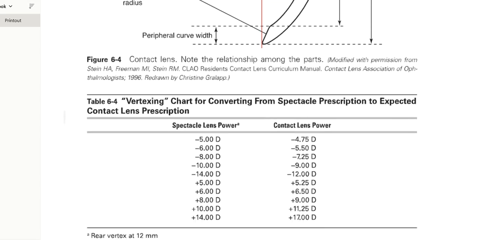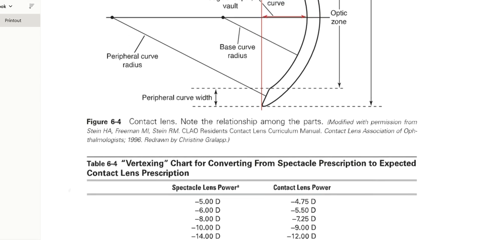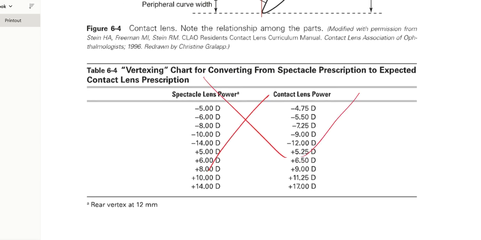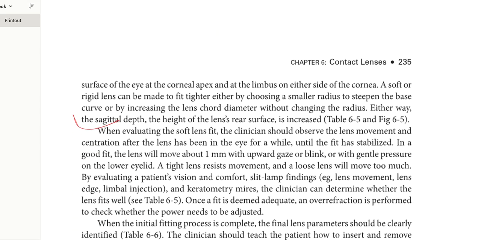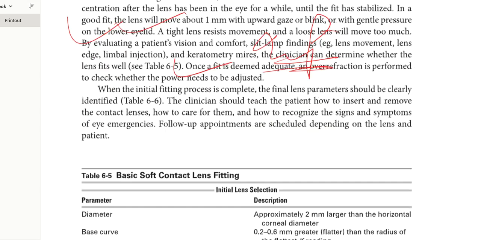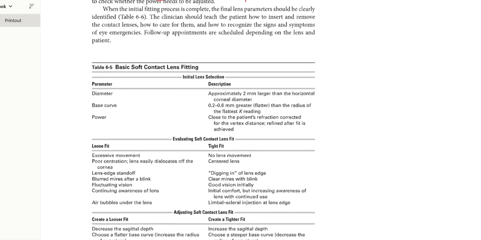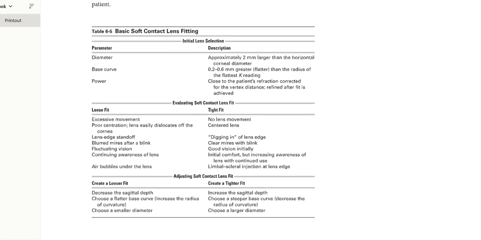Every point is important. This table is not important. But these two tables, 2 or 3 tables, are very important. Okay.